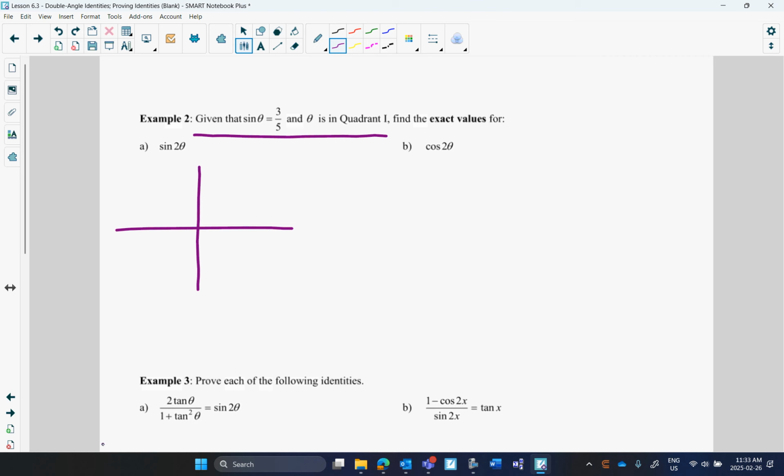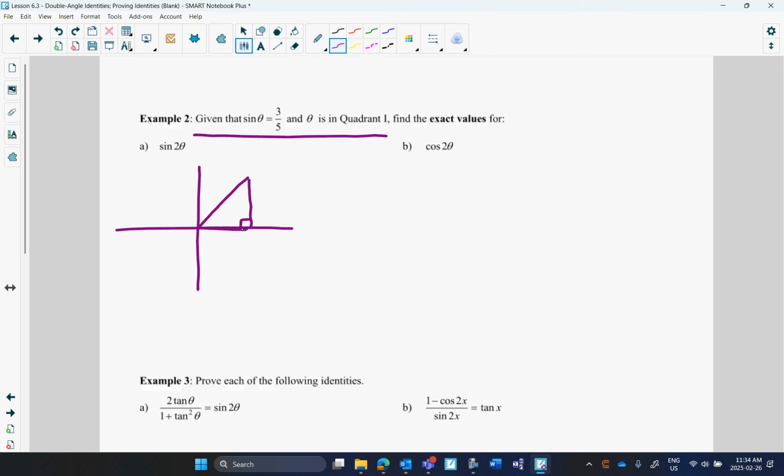If you're given one of the trig ratios and you're told that the angle is in a certain quadrant, that means that we're going to use a coordinate grid, and we're going to draw a right triangle in quadrant 1. So it always comes out from the origin. One of the legs is always horizontal, and then connect the third vertical leg. Because we're in quadrant 1. Somewhere in the question, it will give me 2 of the sides. I have to figure out the third side by Pythagoras.